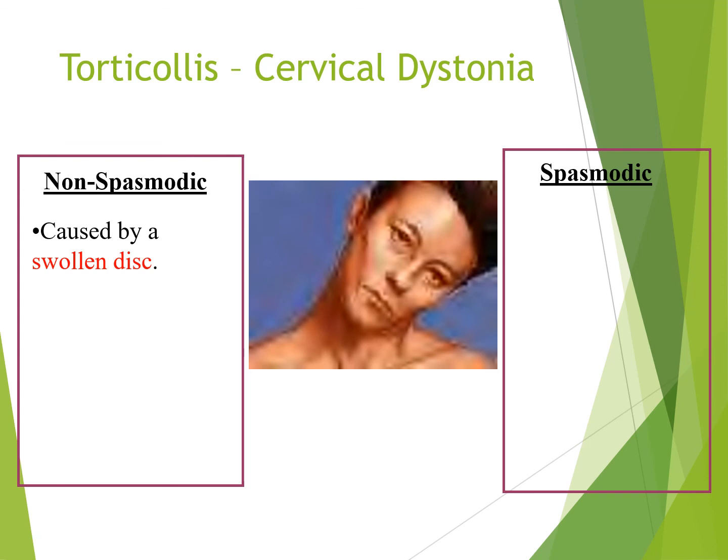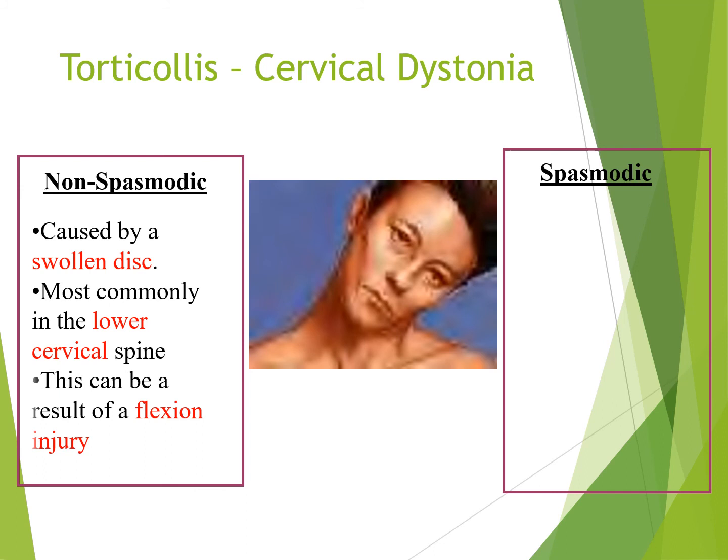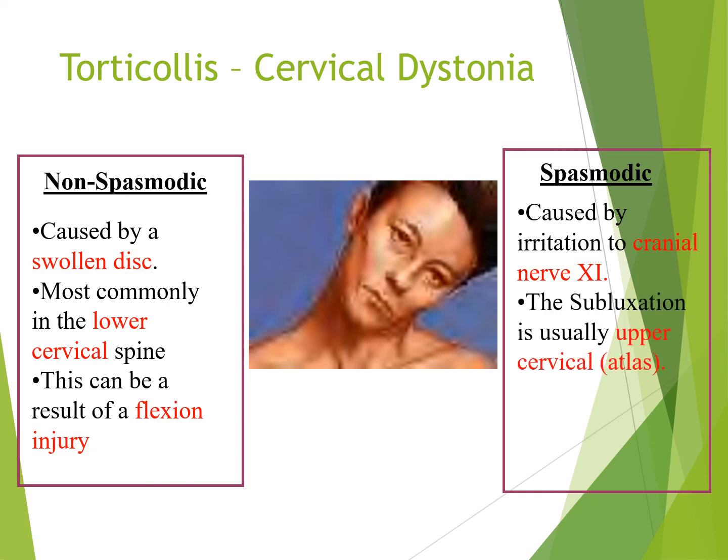The non-spasmodic is caused by a swollen disc. So if we could recall from earlier, the type of injury that caused the swollen disc is a flexion injury. Okay, and it's typically in the lower cervical spine. That corresponds to a flexion trauma. Okay. For our spasmodic torticollis, it's caused by irritation of cranial nerve 11.